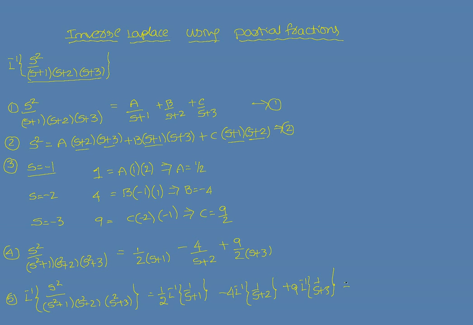So if you simplify, you are going to get 1 by 2 into e power minus t minus 4 into e power minus 2t plus 9 into e power minus 3t. Okay. So this is solving inverse Laplace using partial fractions.